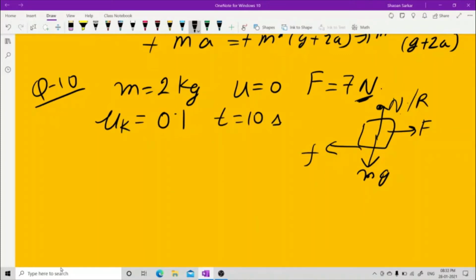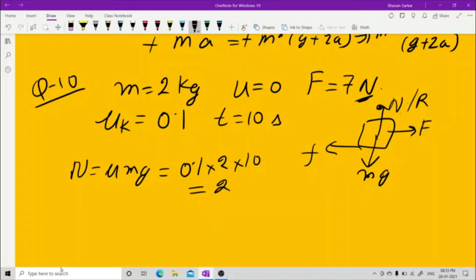Now friction is equal to mu mg. Mu is 0.1, m is 2, and g you take as 10. So this comes out to be 2 Newton. Some people may use 9.8 and get something near about 2. No problem.